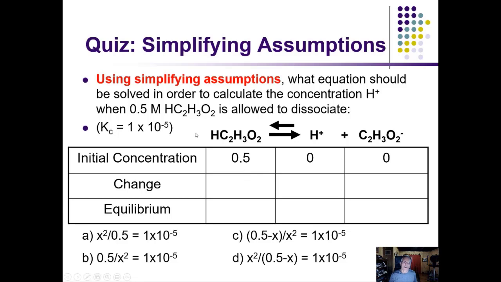So the question is, is this K value 1,000 times smaller than this starting concentration? If it is, simplify using the protocol. If you can't remember what it is, go back to the first simplifying assumption, okay?